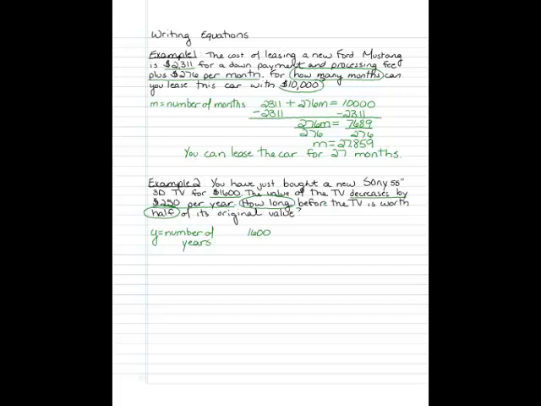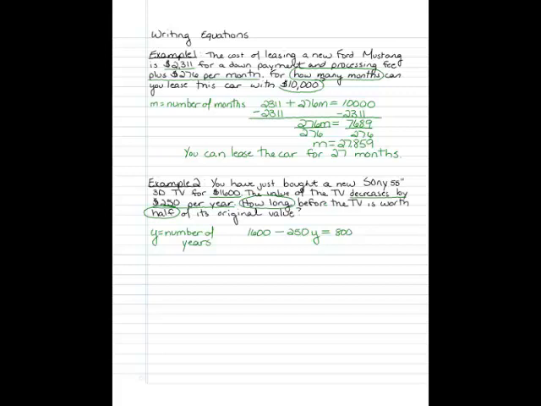And from that, the value decreases, so we're going to subtract, decreases by $250 every year. So it's going to be 1,600 minus 250 times the number of years, that is y, equals half of its original value. 1/2 of 1,600 is 800.